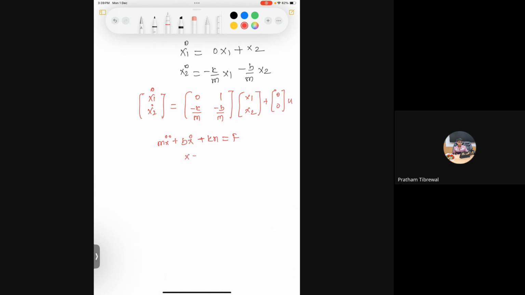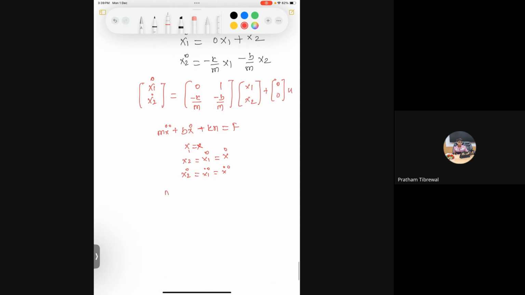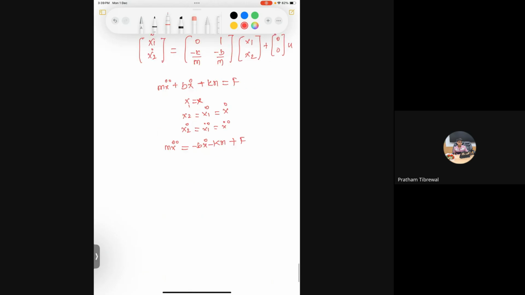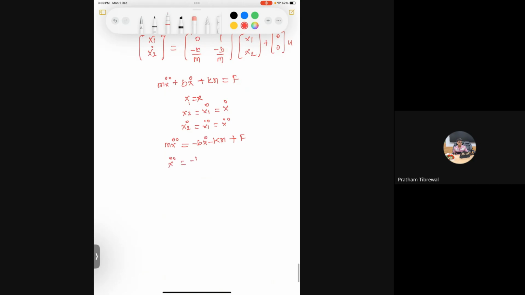Same thing, x1 equal to x, x2 equal to x1 dot equal to x dot, x2 dot equal to x1 double dot equal to x double dot. Now m x double dot equal to minus b x dot minus k x plus f as it is. x double dot equal to minus b by m x dot minus k by m x plus f by m.